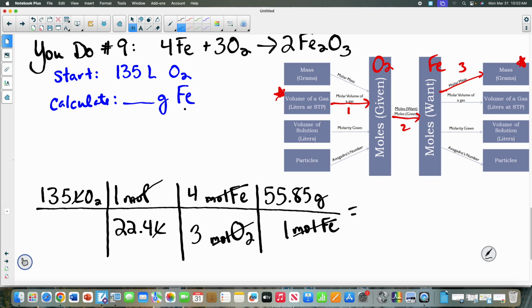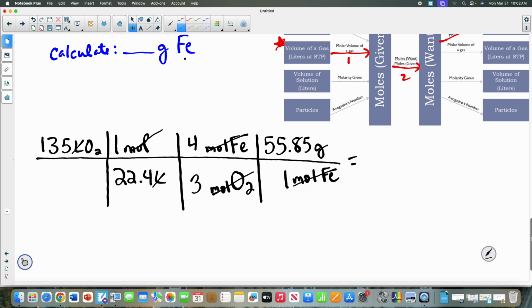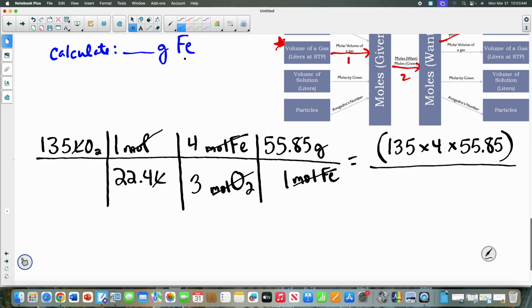Alright, so the math here is a little more complicated, so you probably want to bring in some parentheses. Or you can just simplify the top, simplify the bottom, and then divide. But if you don't use parentheses in the denominator, if you're doing it all in one step, you're going to have an order of operations issue.